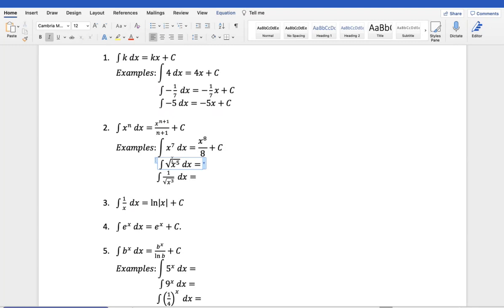The same applies to the next one, but now we'll try to simplify the next one before we do the integration so it's a little bit more clear. We know that the square root of x to the 5 is just x to the 5 over 2.